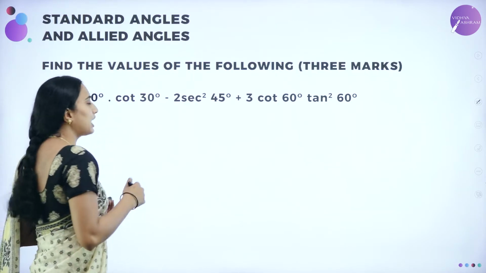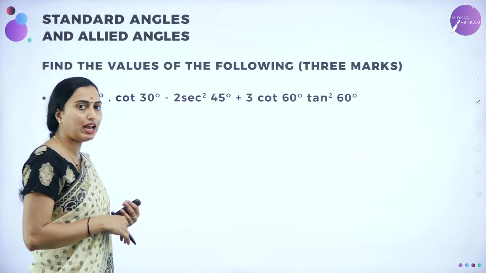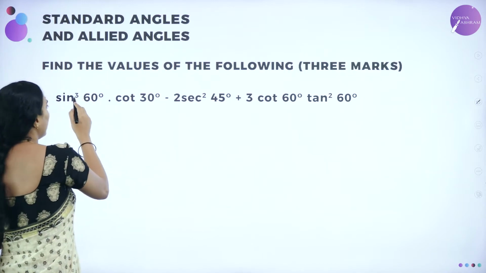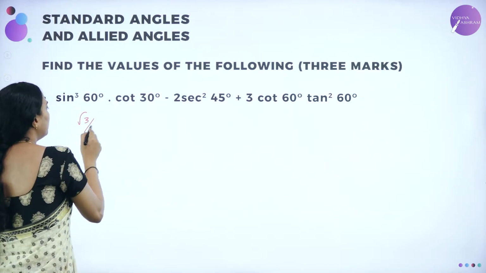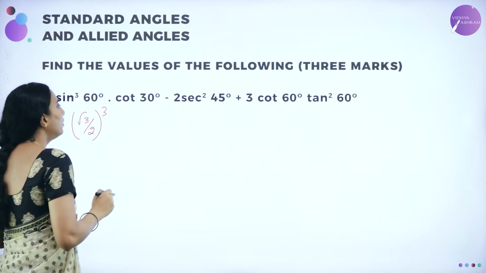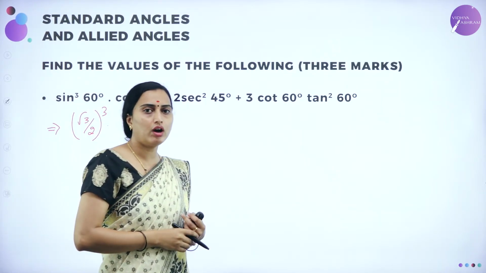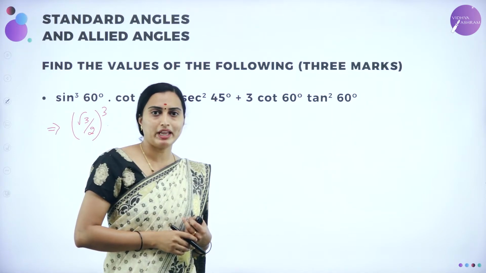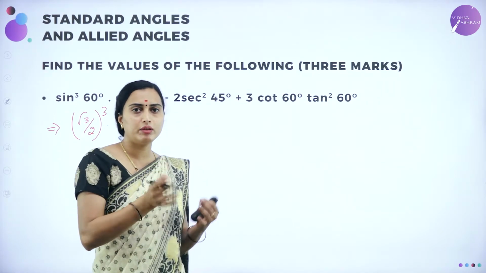Now, what is sin 60 degree? Sin 60 degree value is root 3 by 2. Since they are giving cube, root 3 by 2 whole cube, into cot 30 degree. You know already tan 30 degree is 1 by root 3, so cot 30 degree will be root 3.